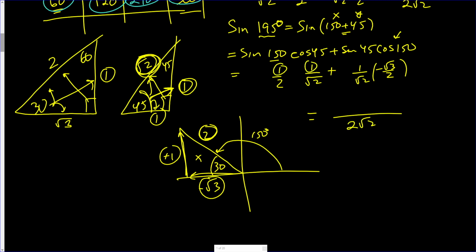The numerator is 1 minus square root of 3, because a positive times the negative is negative, and 1 times square root of 3 is square root of 3. That is the exact value of the sine of 195 degrees.